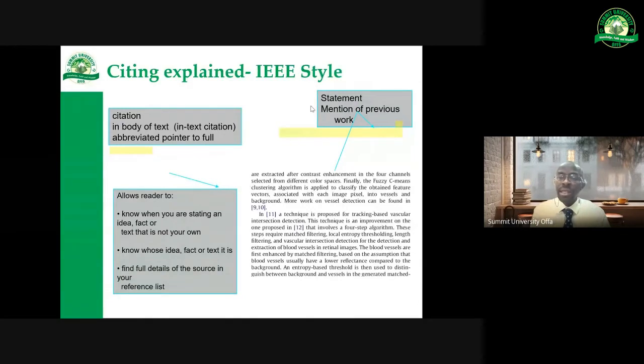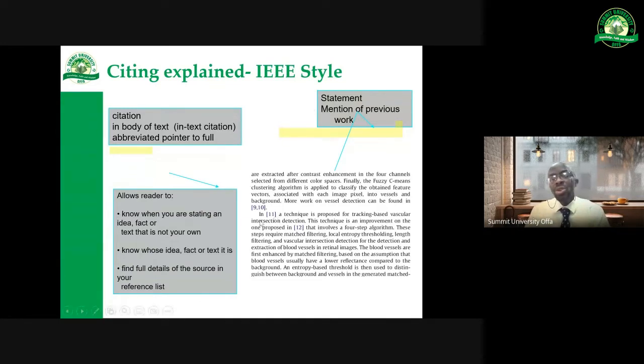Don't forget, if the idea is not yours, then you must cite. It also allows readers to know the original owner of the idea, and assists them to find full details of the source in your reference list. So that is what you call in-text.